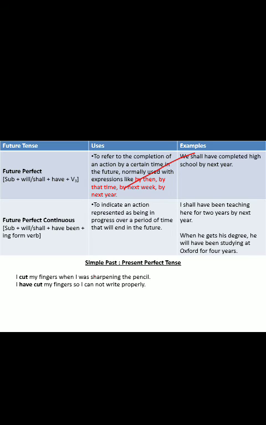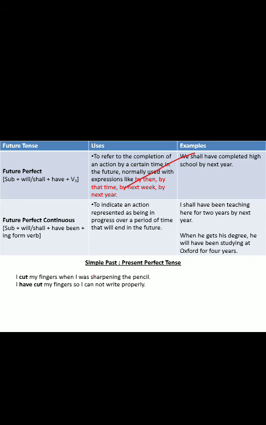So, to explain this, I have taken you two different sentences. Number one, read as I cut my fingers when I was sharpening the pencil.